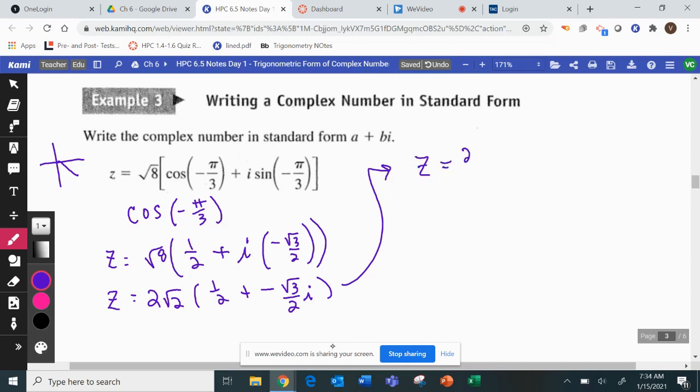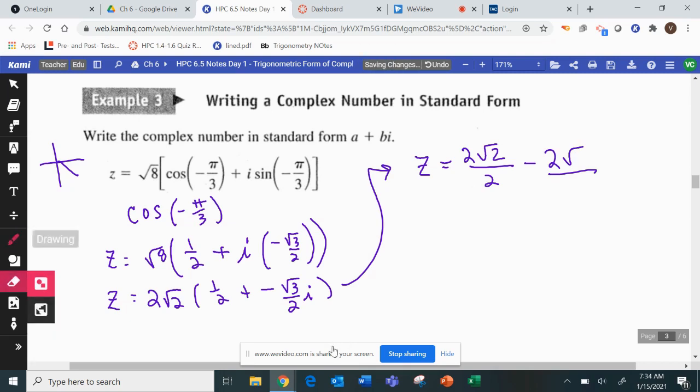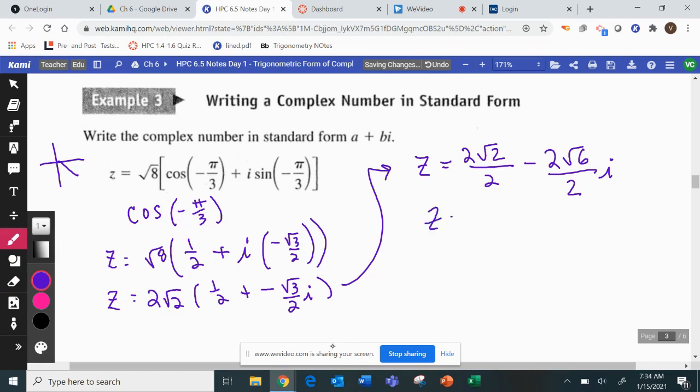So we'll have 2 square root 2 over 2 minus 2 square root 3, oops, 2 square root 6 over 2, and then i, and then reduce. And then we have the standard form of the complex number.